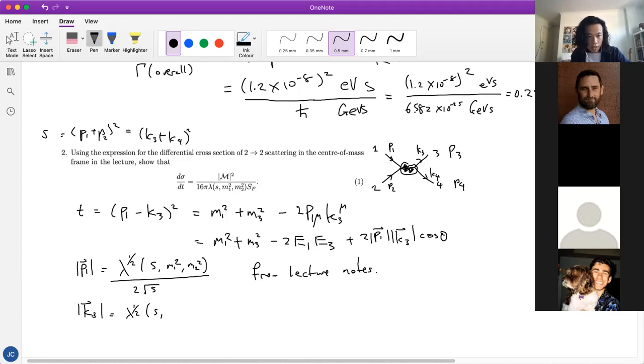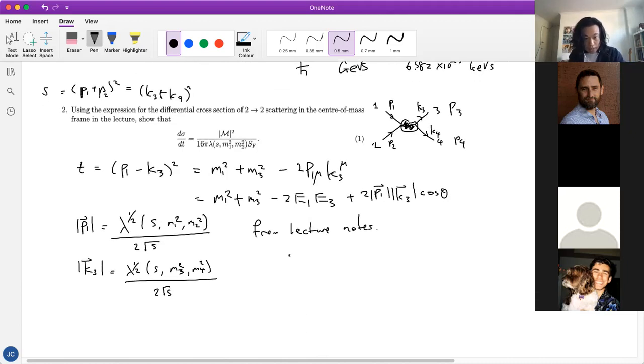But for K3, you're going to be using the version with the final particles. So it would be the same thing, but for M3 squared, M4 squared, divided by 2 root S. Okay, so these are from the lectures. You can go back and convince yourself if you want, but we're just going to take these and plug into this equation.